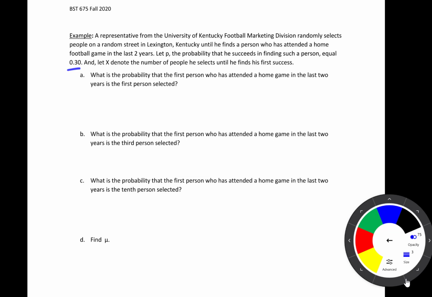So what is the probability that the first person who has attended a home game in the last 2 years is the first person selected? In other words, what is the probability that x is equal to 1? Well, for each person we talk to, there's a 0.3 probability that they're a success, and a 0.7 that they are a failure.